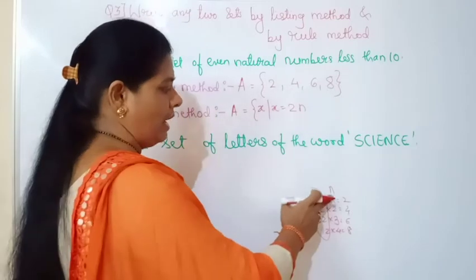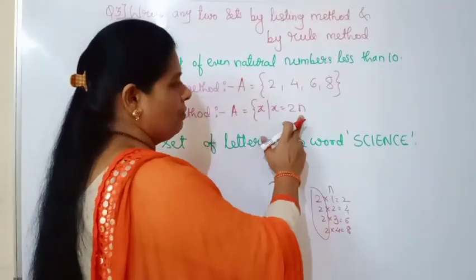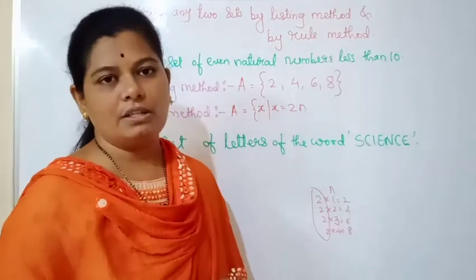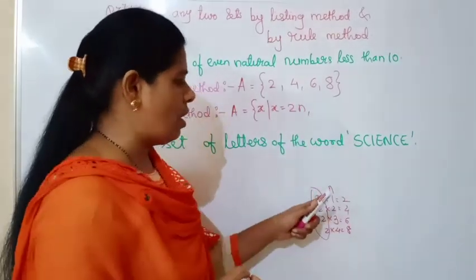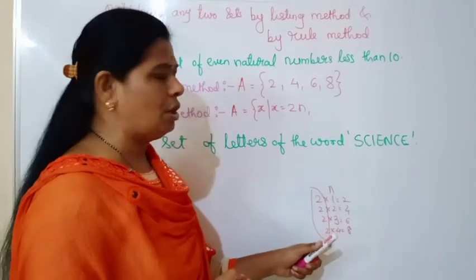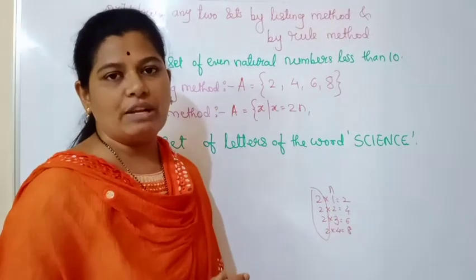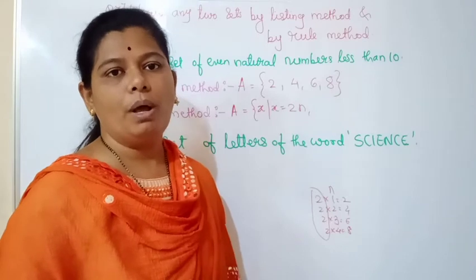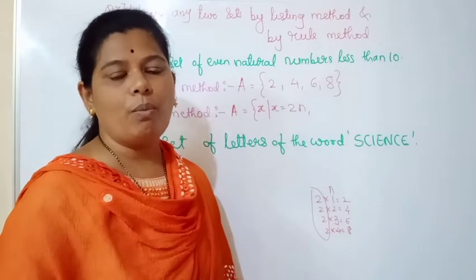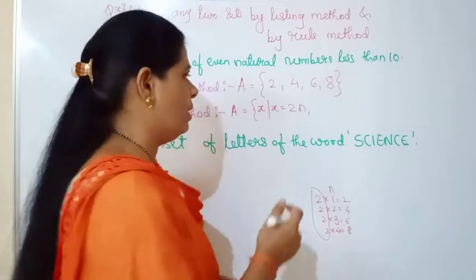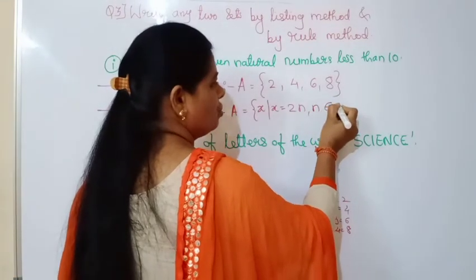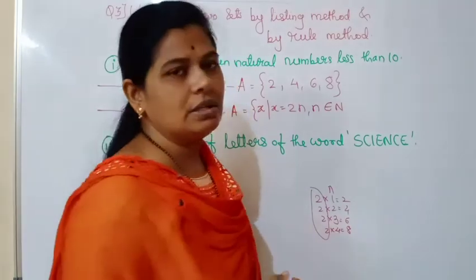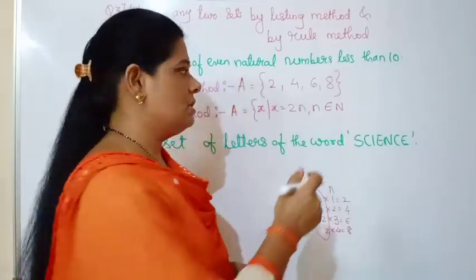So the value of n, that is 1 2 3 4, I have written here as 2n. Next thing, what is n? n starts from 1 2 3 4. It means it is a natural number starting from 1. So here we will write n belongs to natural numbers, or n is a natural number. This is the second thing.